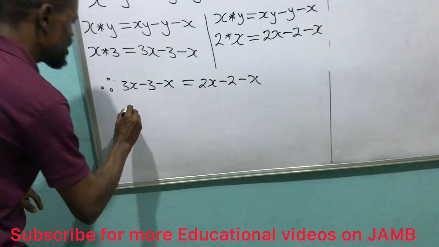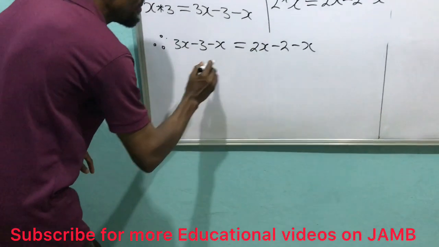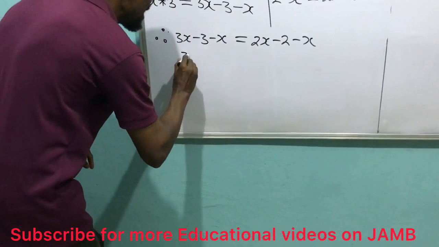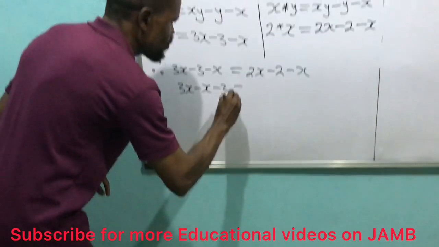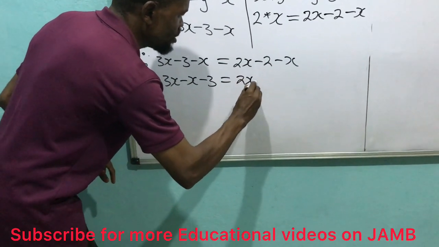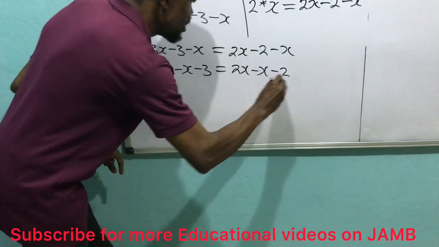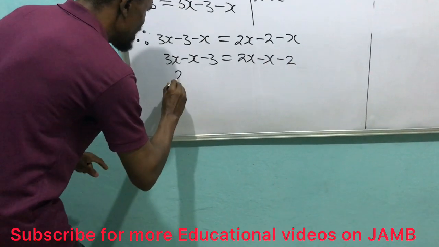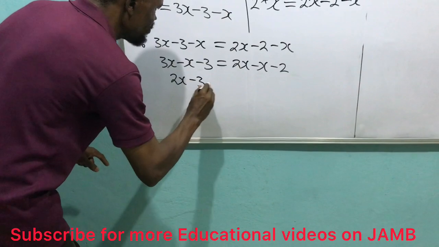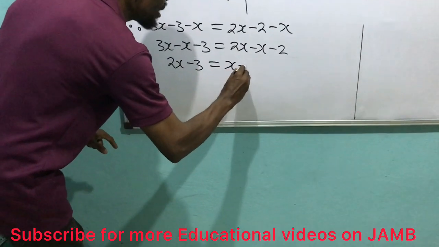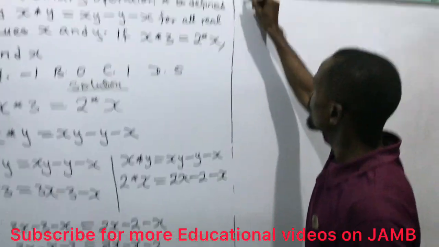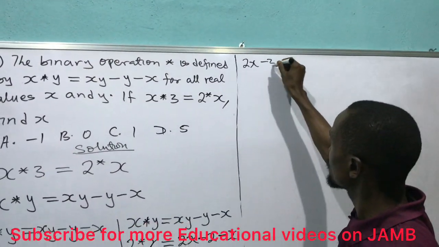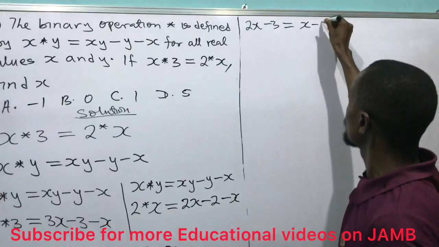Collecting the like terms, I will have 3x, this coming over here minus x, minus 3 equals 2x minus x minus 2, and this will give me 2x minus 3 equals x minus 2. Coming over here to complete it, I will have 2x minus 3 is equal to x minus 2.